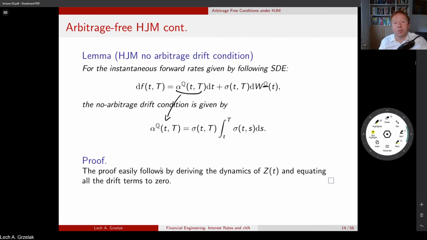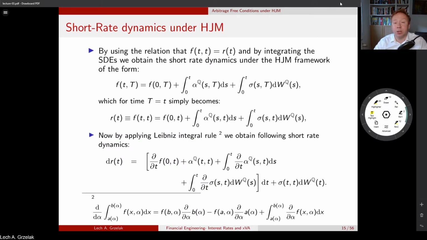However, it's a really nice derivation, especially if you like Ito, where you also have the involvement of integrals. The next step, actually the final step, once we talk about the short rates, is to find out the dynamics of the short rate under the HJM framework.